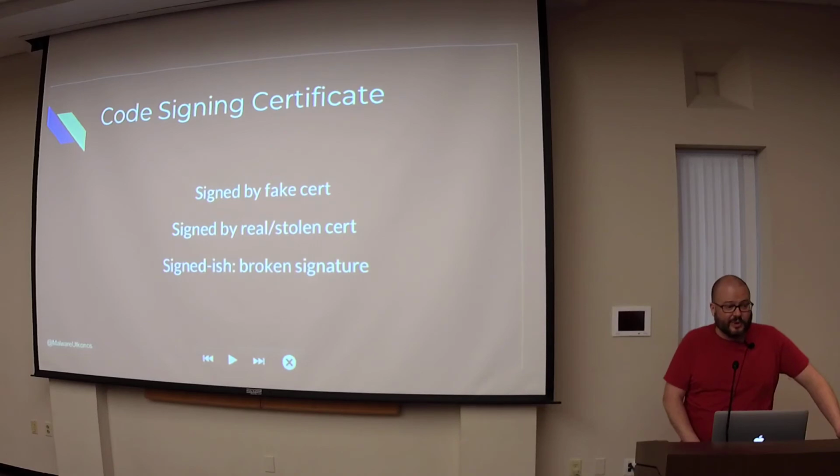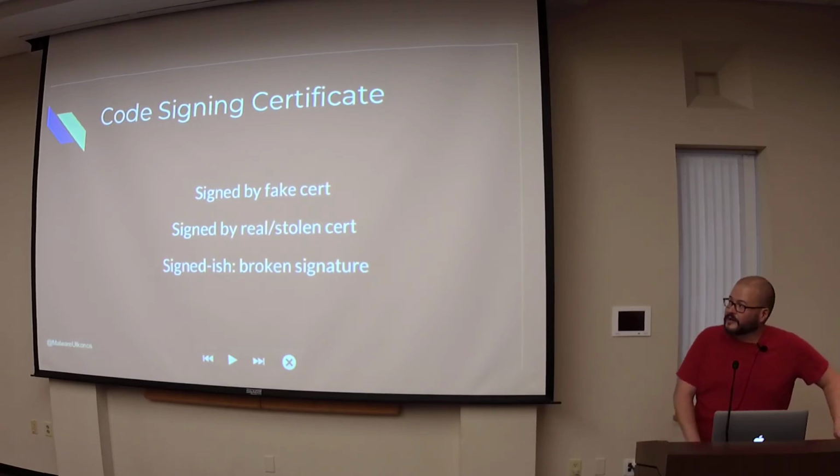Or if you're really bold, you can steal someone's actual certificate, compromise some company or a developer, steal their credentials, and then start signing software as them. And you can also have something that looks almost like a signature, but there's something broken about it, like it doesn't work. But all of these methods can be used to identify related malware.